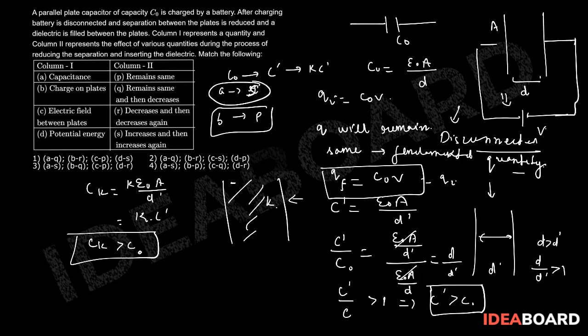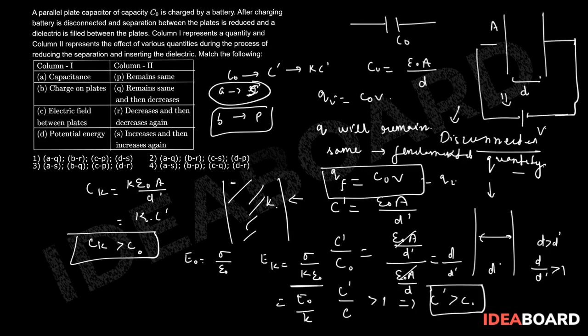Coming back to electric field. So what about electric field? We know that electric field initially was, so E0 was sigma upon epsilon naught, and when a dielectric slab was introduced, this became Ek equal to sigma upon K epsilon naught. It is not dependent on the separation between the plates, right? So of course this is E0 upon K. So electric field decreases.